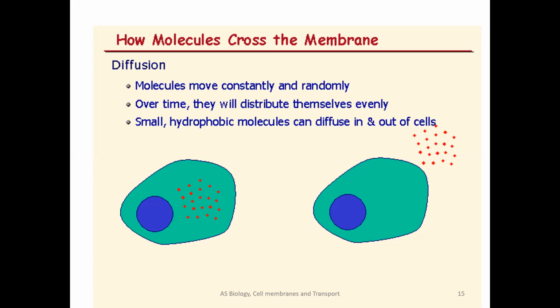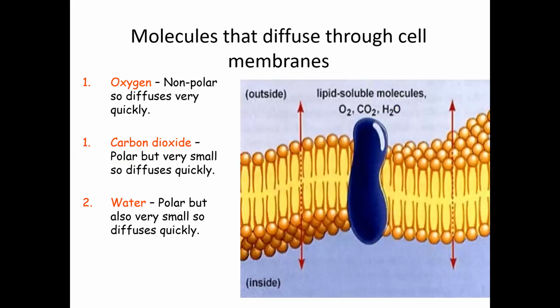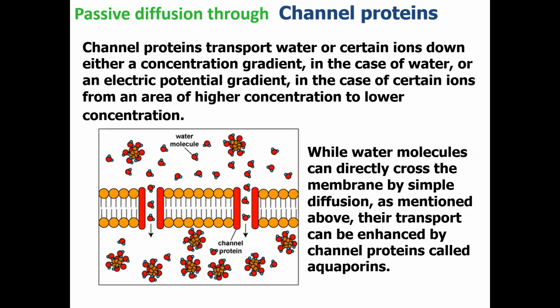And the oxygen molecule, which is required by the cell, if it is present in higher concentration outside the cells, it moves inside the cells. So this shows how the molecules are moving. The oxygen molecule, which is non-polar, the carbon dioxide molecule, as well as the water molecule, can easily diffuse through the lipid bilayer of the membrane.